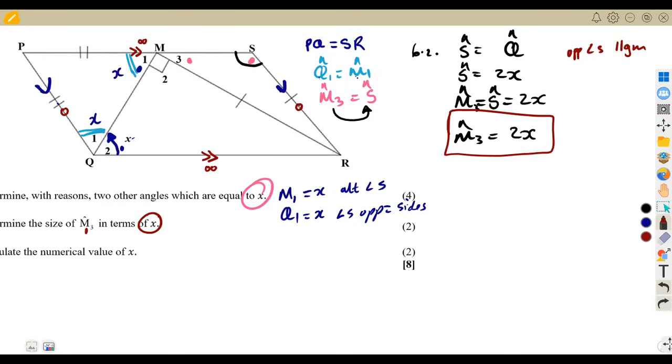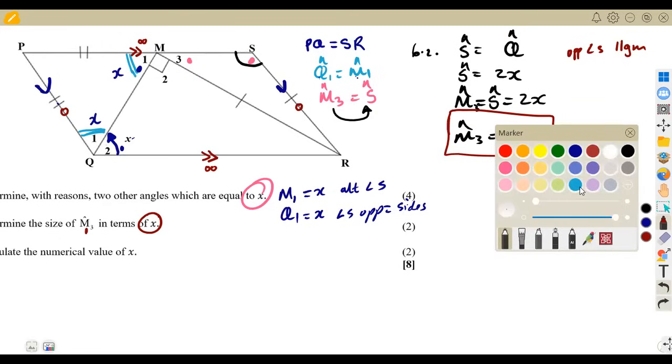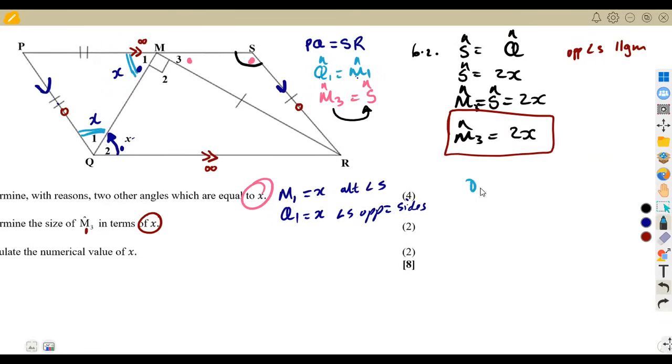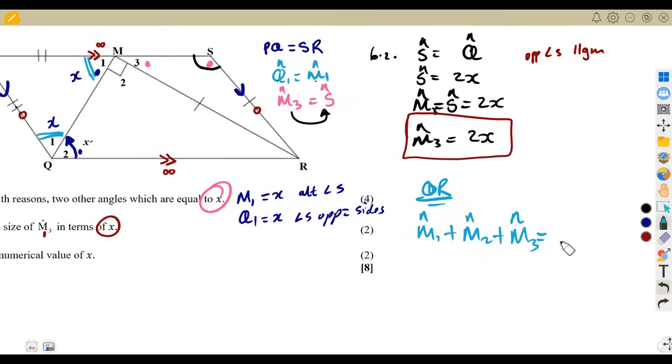So if we add angle M1 plus angle M2 plus angle M3, these three angles are on a straight line, so they are supposed to give us 180 degrees. You could have worked it that way.